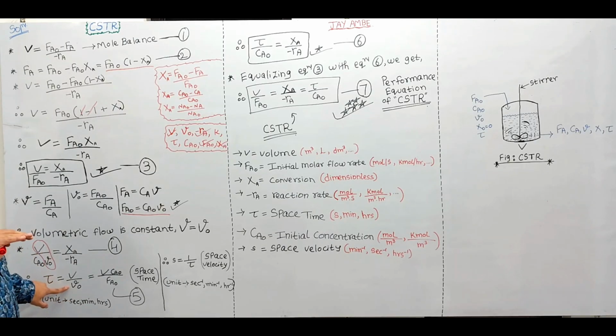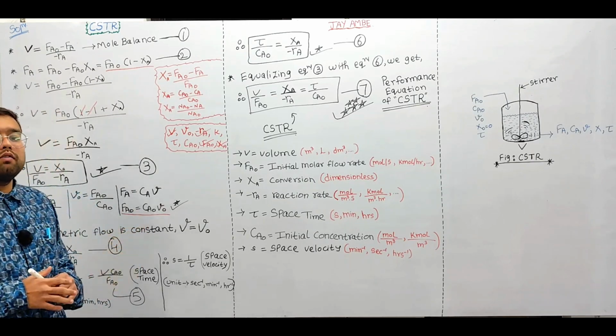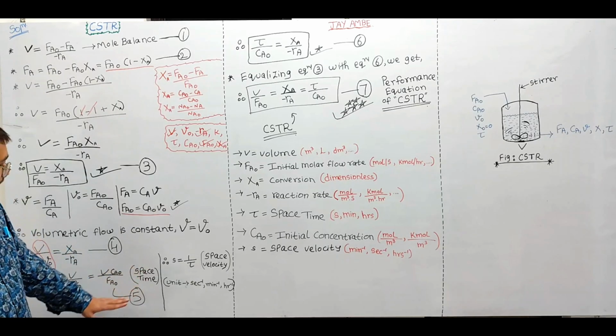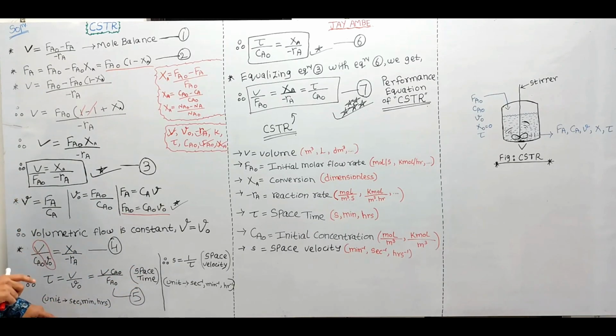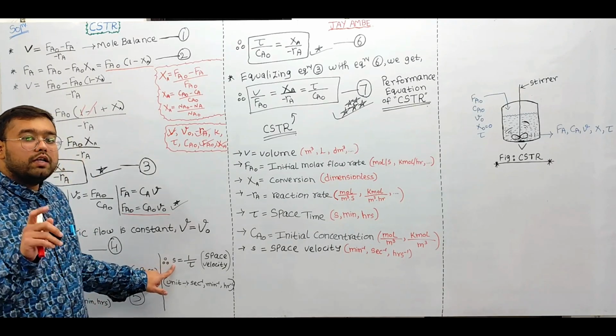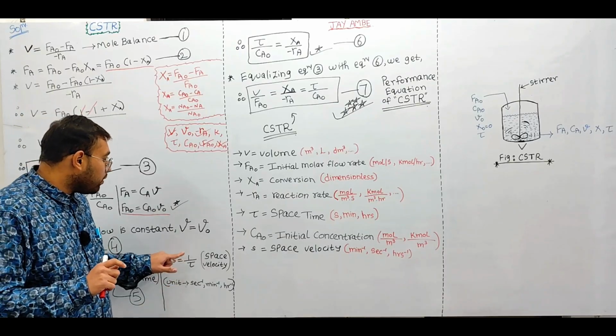Let me make it very simplified. Space time, the time required to process one reactor volume of the feed, is called the space time. Now, the reciprocal of the space time is called the space velocity. Space velocity, denoted by small s, is equal to 1 upon tau.